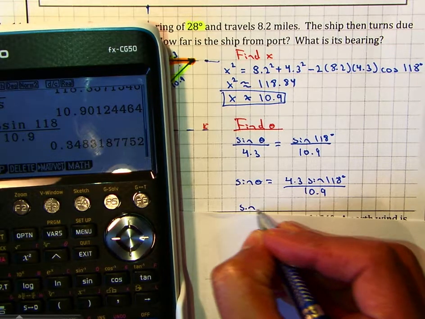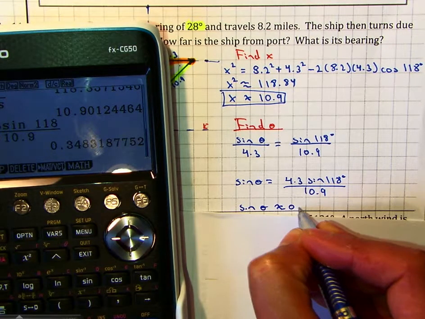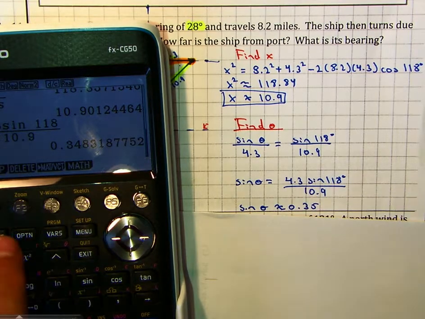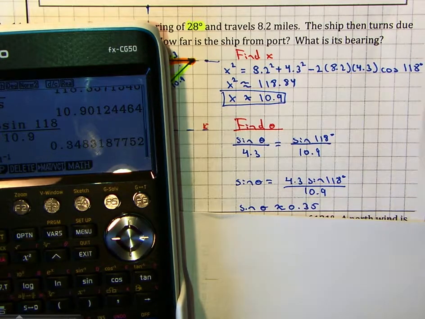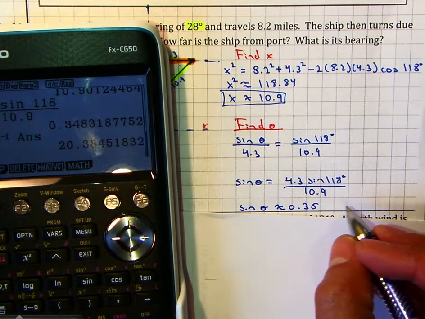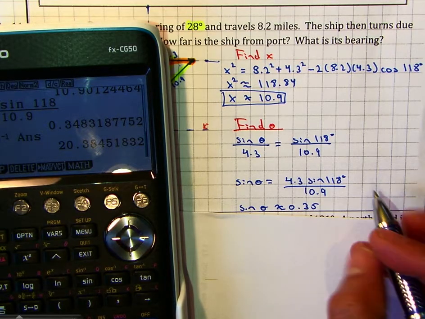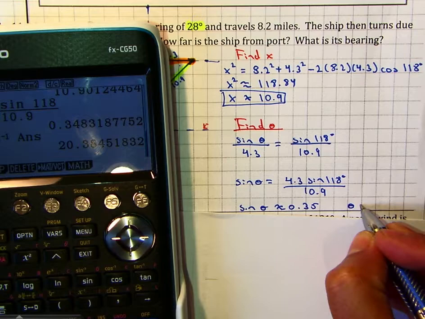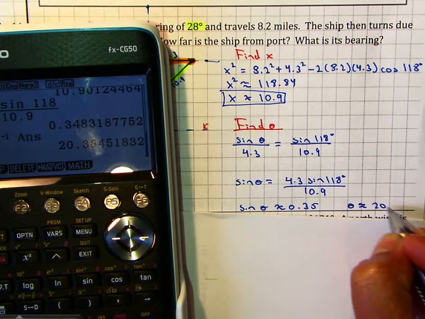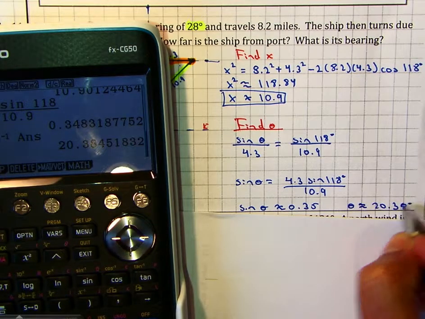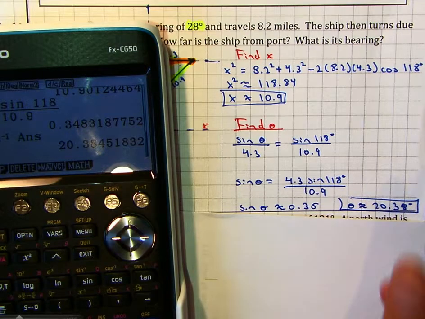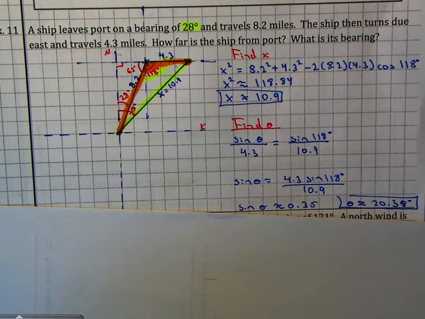So the sine of theta is approximately 0.35. I'll find the inverse of my answer. Theta is approximately 20.38 degrees. Now that is not the bearing.